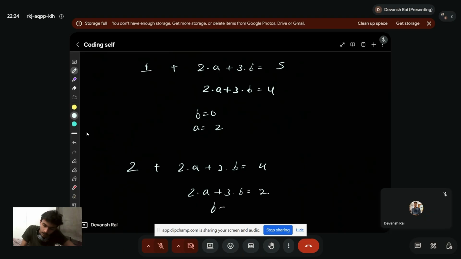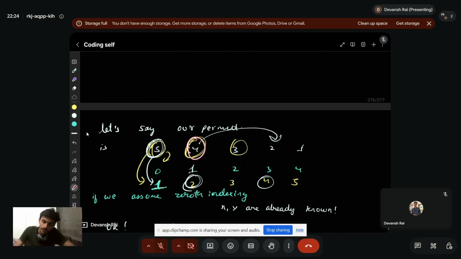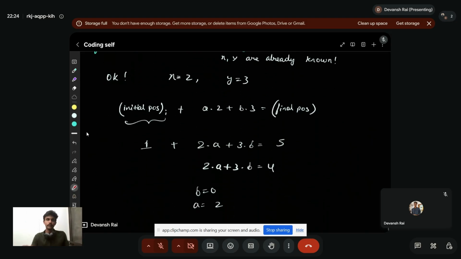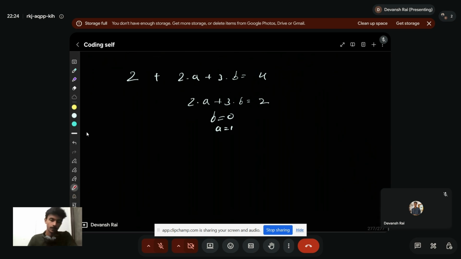If b is 0 and a is 1, that is, if we use the condition i minus j mod equals 2, only one time we need to use it, and that too swapping here to there, right? So 2 will be here, 4 will be here, and we'll be good to go. That's all it means.